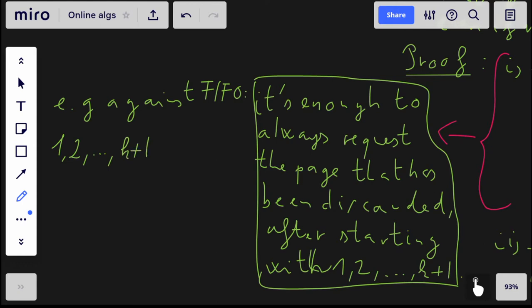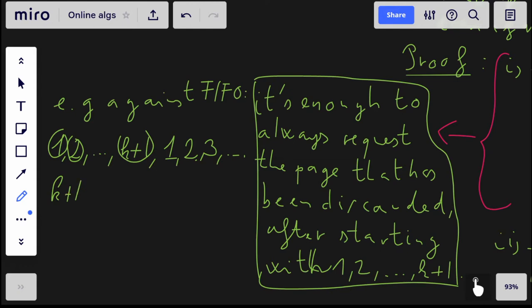Now at this point, FIFO will discard the page 1, so I will ask for 1, which is not in the cache at this point. And then FIFO will discard the 2 from the cache, and then I'm just asking for 2. And then it discards 3, and so on.